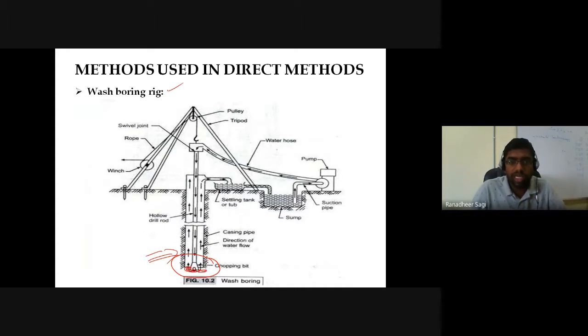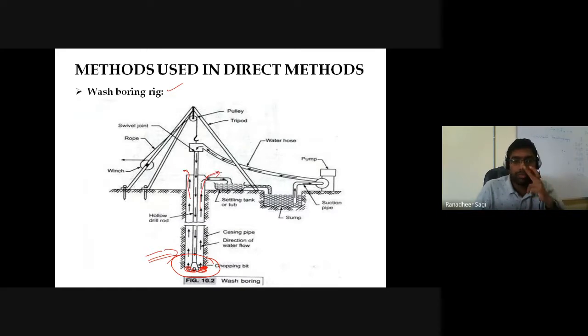So the soil is sheared off by the chopping bit during rotation, while we inject water through the chopping bit at the bottom of the borehole, so that the sheared soil particles get mixed with water and come out in the form of slurry.